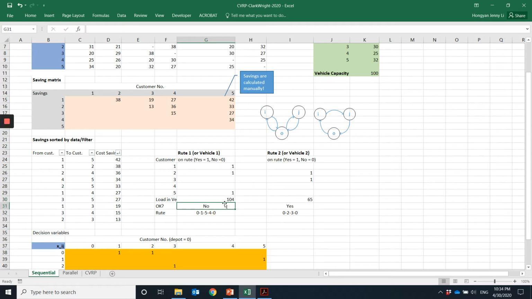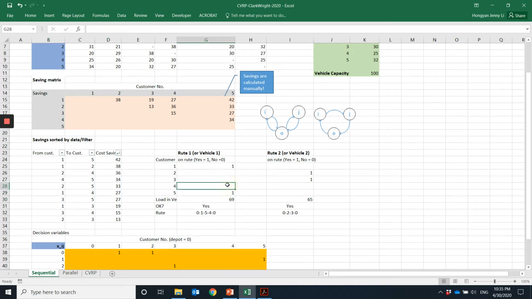So it's not feasible. So I should not add customer 2 into this trip. So I delete it, and then I continue to check this list. Only if the customer can connect to the current route 1 to 5 can I add it. So I continue to check the next pair, customer 1 and 4, which will save.